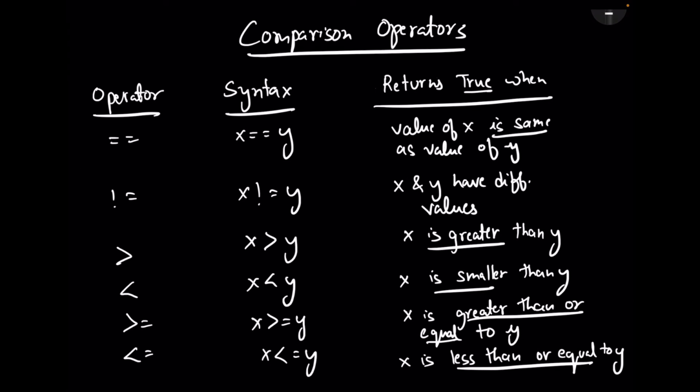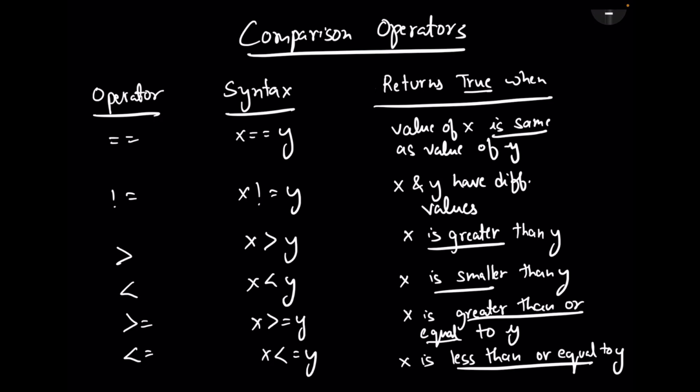Okay, let's see some more comparison operators. So here we have the greater than operator. So if you write something like x greater than y in your code, it will check whether or not x is greater than y. If it is greater than y, then it will return true, otherwise it will return a false Boolean value. Similarly, we have this smaller than operator.